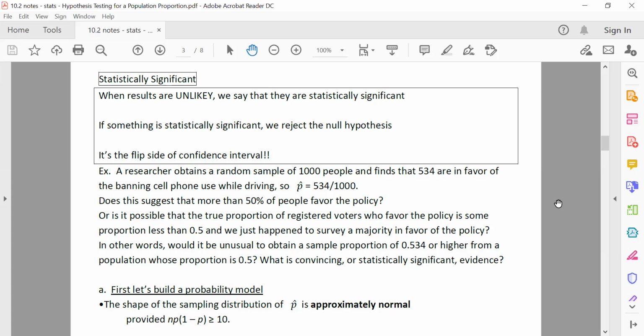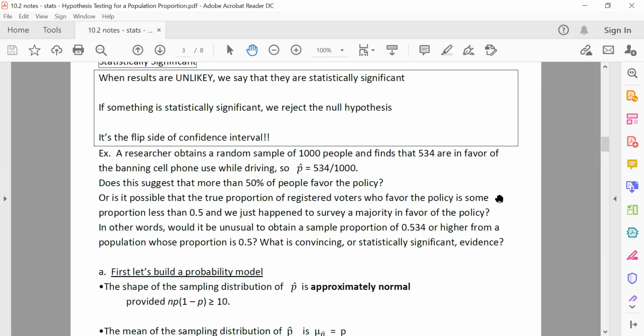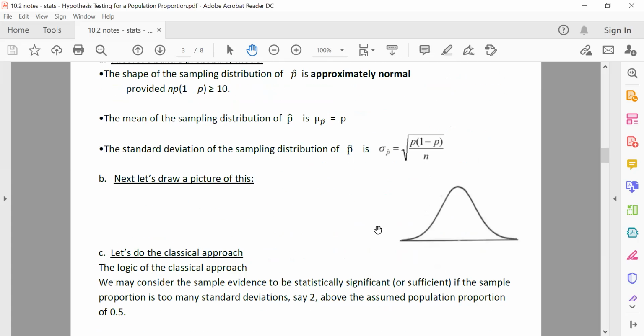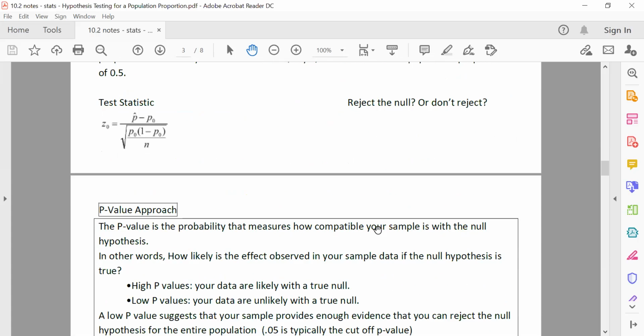No, we use a little bit more of a safe approach and we say it's statistically significant. If we're going to reject the null hypothesis, we're going to say our evidence is statistically significant. If we fail to reject the null, we're going to say our evidence is not statistically significant. We're not going to go super into this part here.